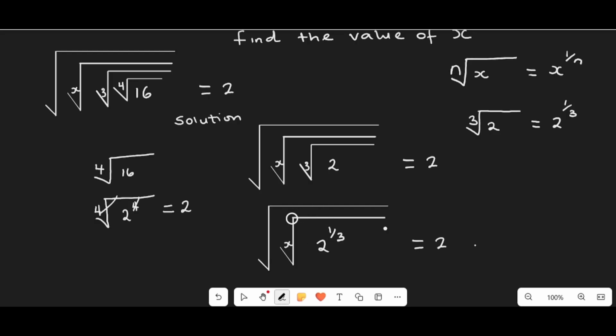Also, let us rewrite this using this format.